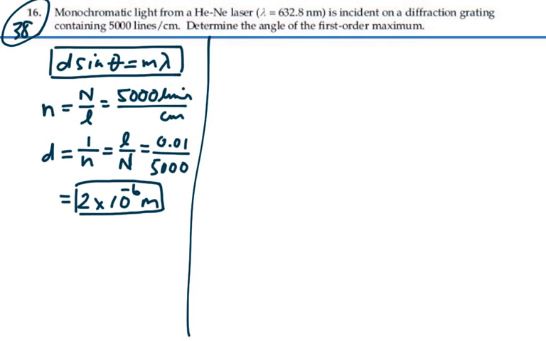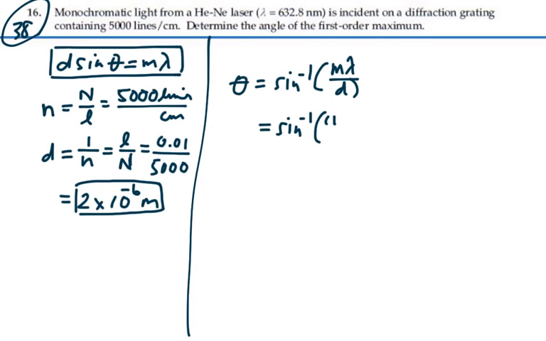Hence, rearranging our first equation, the angle to the first maxima will be the inverse sine of m lambda divided by d. And that's going to be the inverse sine of our first maxima, m equal to 1.